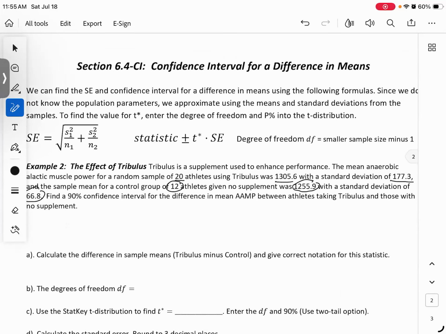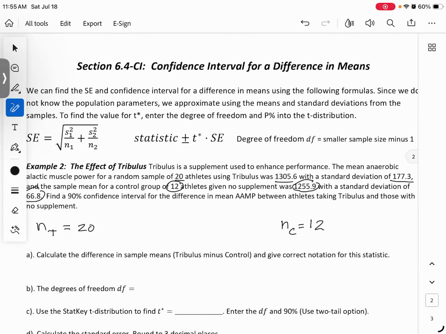And what we want to do is calculate a confidence interval for the difference between the two groups. But let's just take a moment to write down the sample size for the Tribulus group. There was 20 athletes. And then over here, we'll do the sample size for the control group that didn't use the supplement.